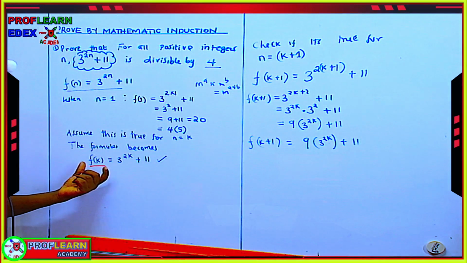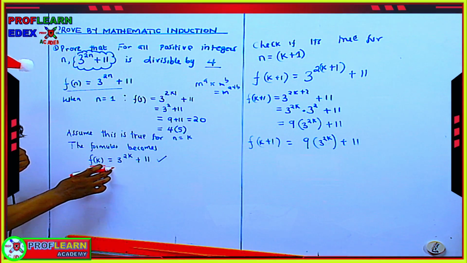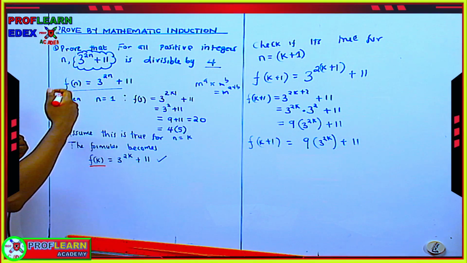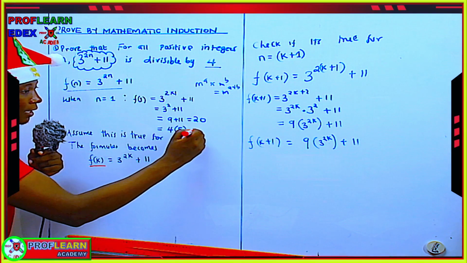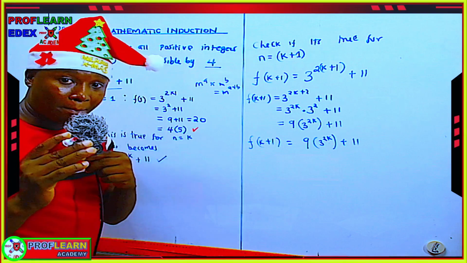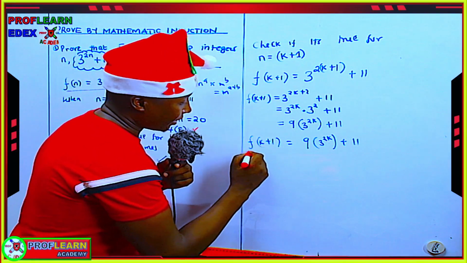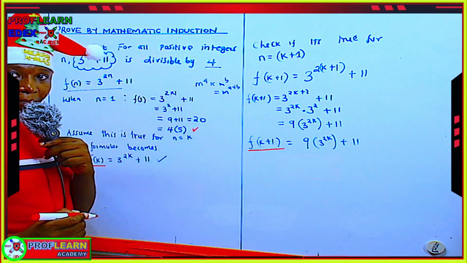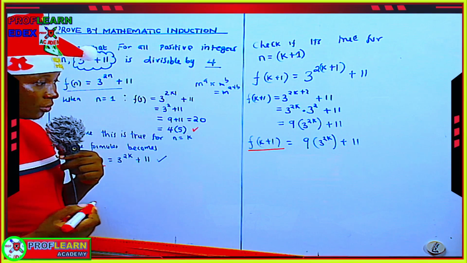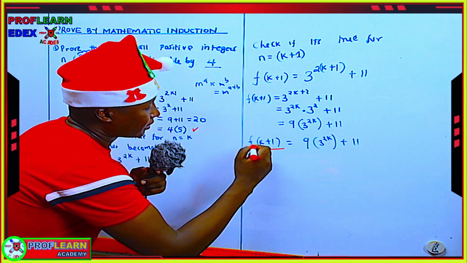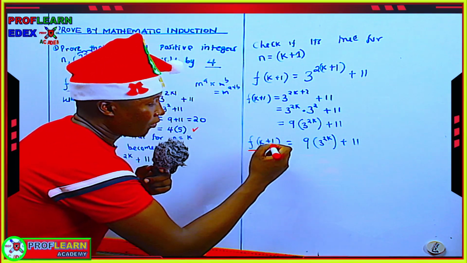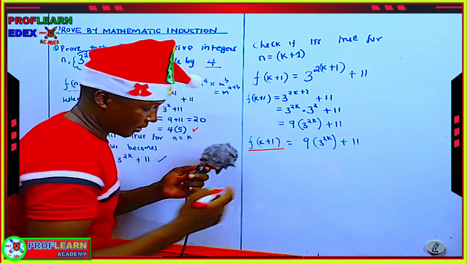We have already assumed that this is divisible by 4, and we checked that f of n is divisible by 4 at n equals 1. So our main purpose is to show whether this is divisible by 4. To show that, we are going to subtract f of k here and also on this side.